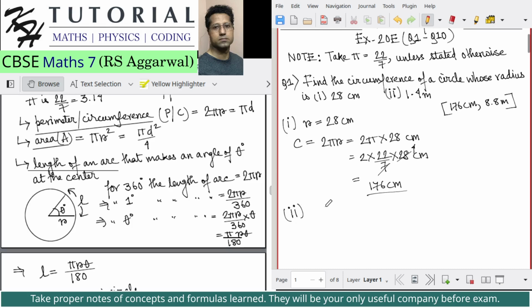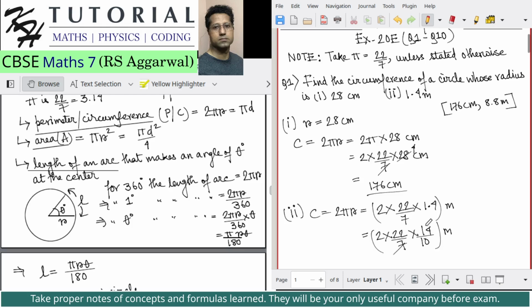Okay. The second part is the radius given as 1.4 meter. So circumference will be equal to 2 pi r, which is equal to 2 multiplied by pi. We will take the value of pi as 22/7, and r is given as 1.4. So the circumference will be this much meter. So this is equal to 2 multiplied by 22/7, and 1.4 is 14/10, this much meter.